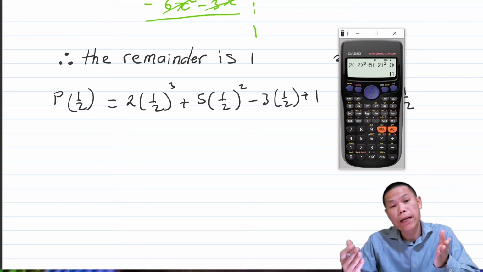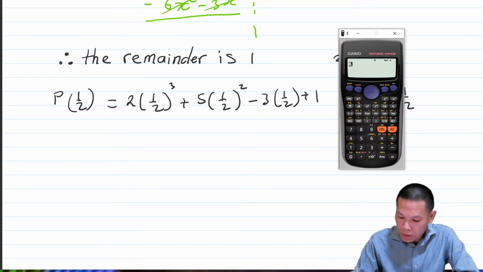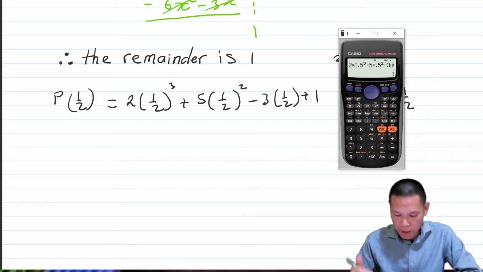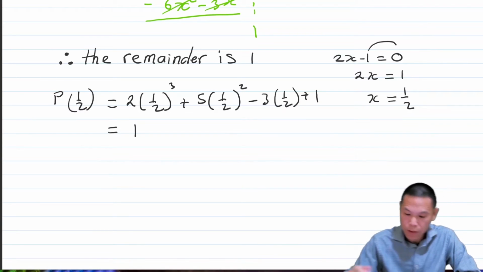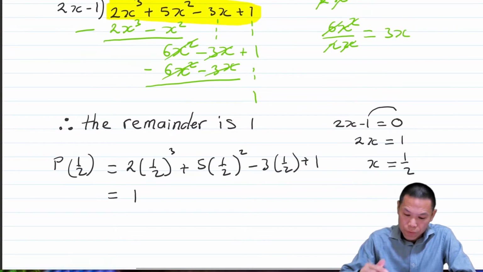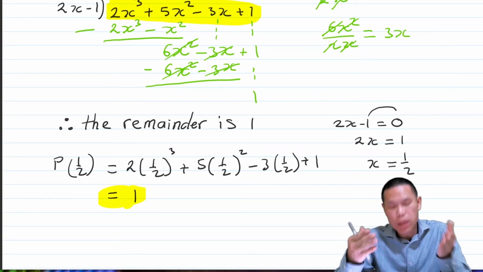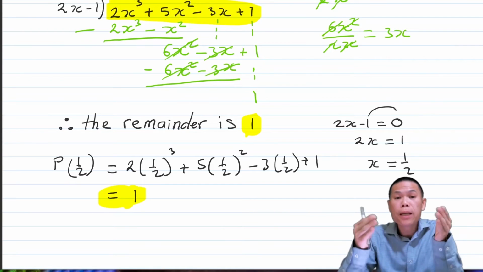So now I just put it in a calculator. 2 times 0.5 to the power of 3, and then plus 5 times 0.5 squared, and then we minus 3 times 0.5 plus 1. There you go, equal to 1. So therefore, the remainder is 1. There you go, that is by using the remainder theorem, and the other was by using long division.